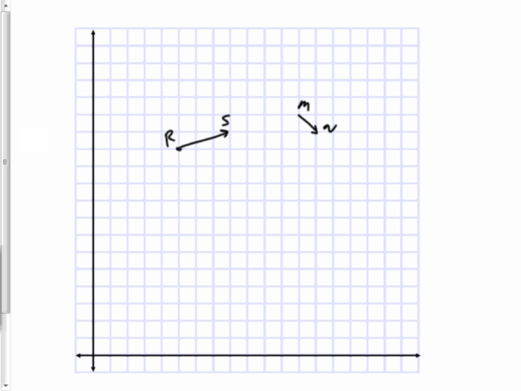And I would like you to tell me what it would look like to take RS and subtract MN. And again, I like to think of this as you really can't subtract, but you can add the opposite. You think of it however you want, as long as you can get the right answer.